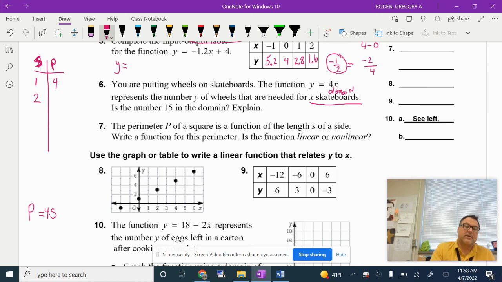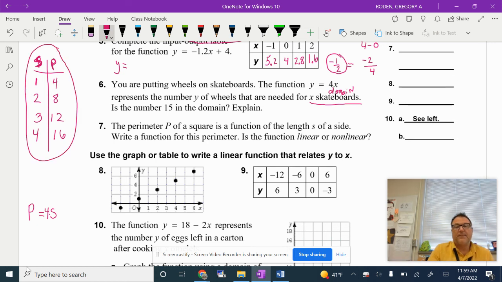If each side of our square was 2, then it would be 4 times 2, which is 8. If our side length was 3, then our perimeter would be 12. And if our side length was 4, our perimeter would be 4 times 4, which is 16. So there's a nice little table of the function.